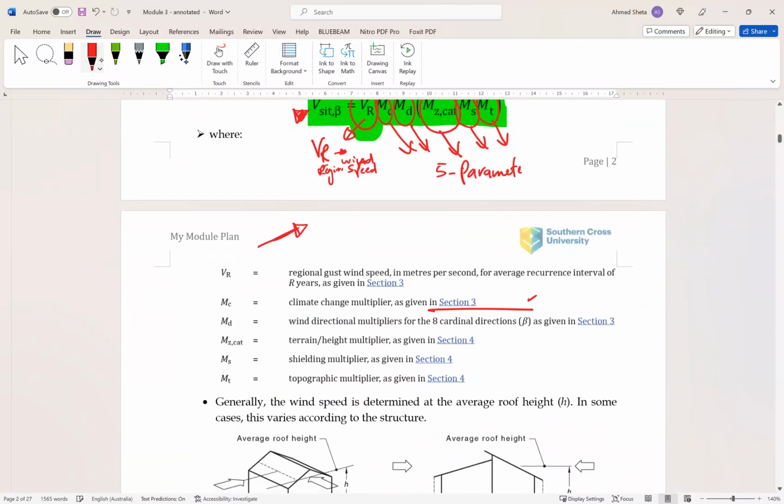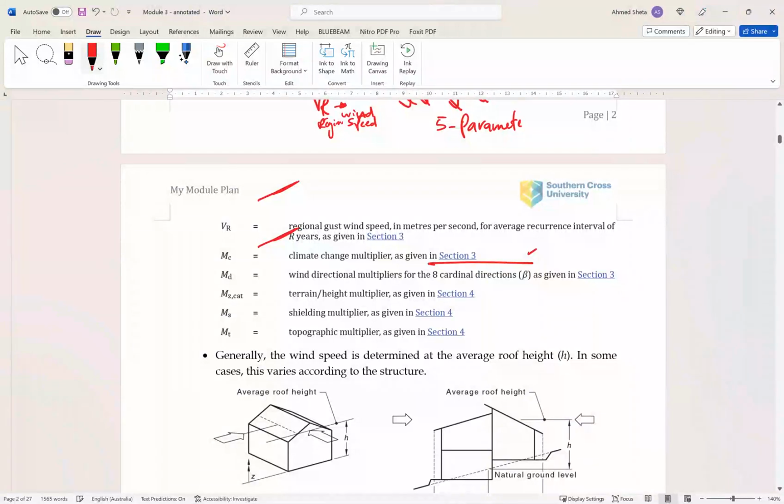So the definition of the parameters we are calculating in this equation: VR is the regional gust wind speed in meters per second, for average recurrence interval R in years, as given in section 3 of the Australian standard.